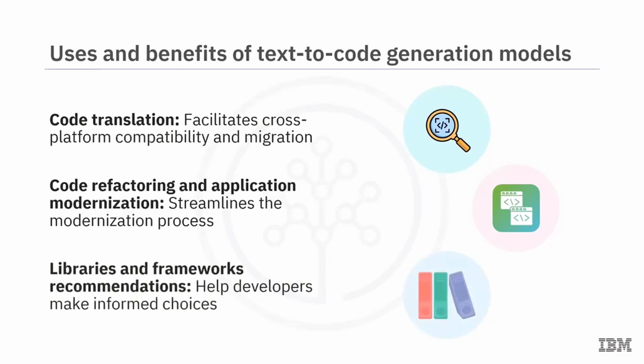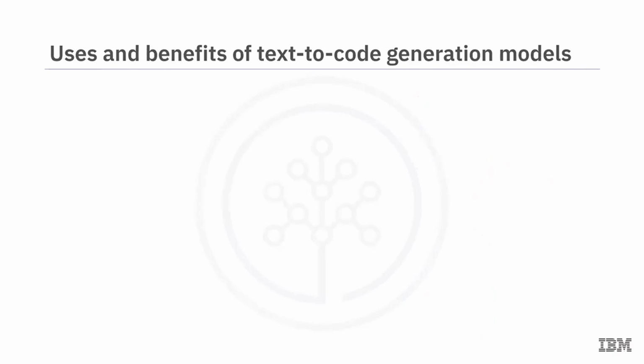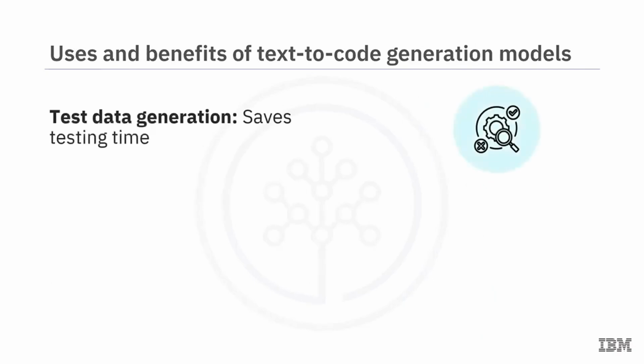Text-to-code generation models can even provide recommendations for libraries and frameworks based on project requirements, helping developers make informed choices. Text-to-code generation models can generate test data by automatically creating code snippets that populate databases or data structures with diverse and realistic test cases, saving time in the testing process.